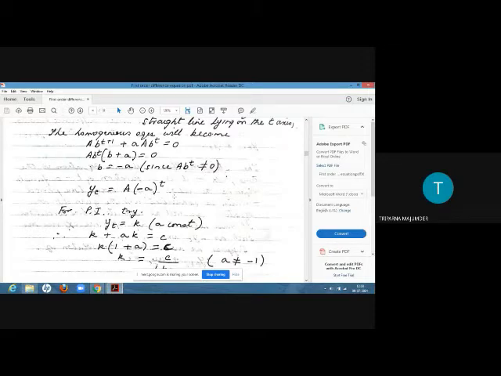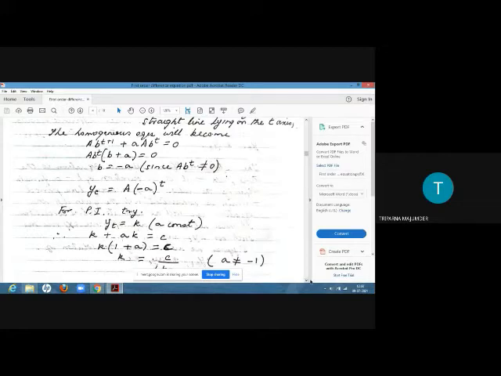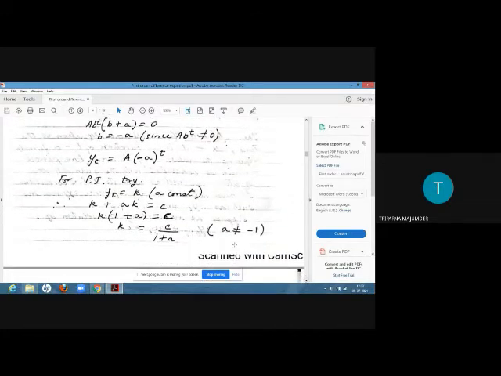Now we come to the particular integral. For the particular integral, we try yt is equal to k, where k is a constant. We substitute for yt plus 1 as k and yt as k, and get k into 1 plus a is equal to c, which gives us the value of k equal to c by 1 plus a.